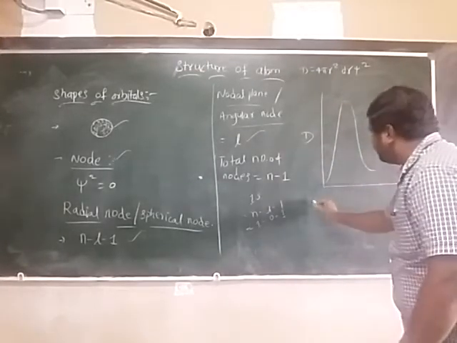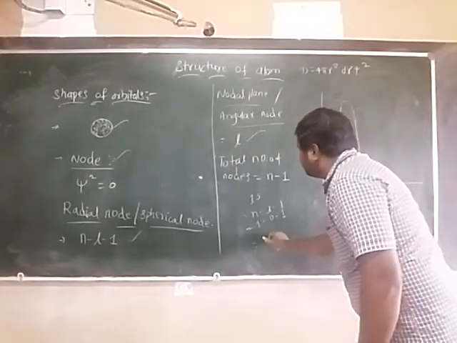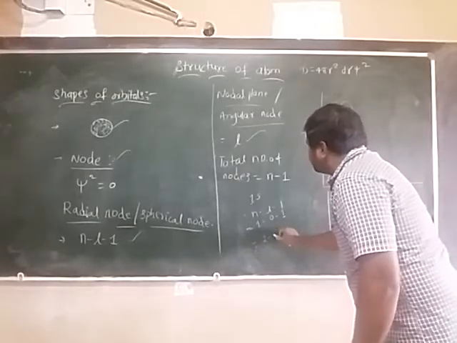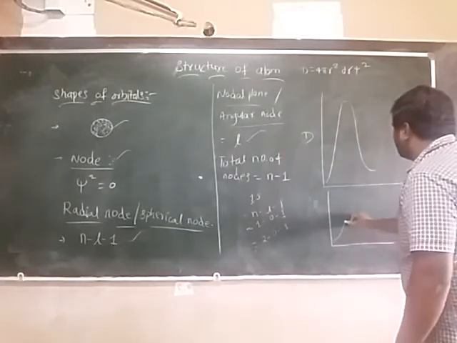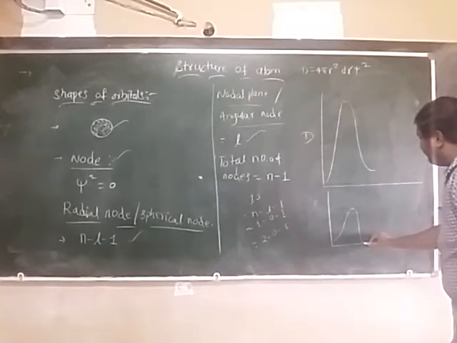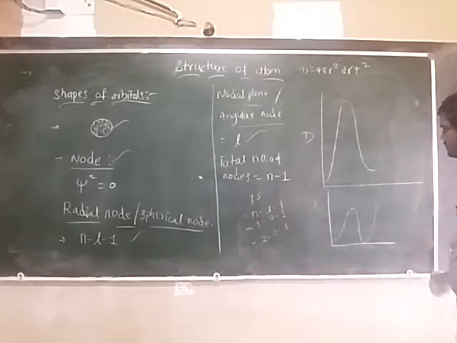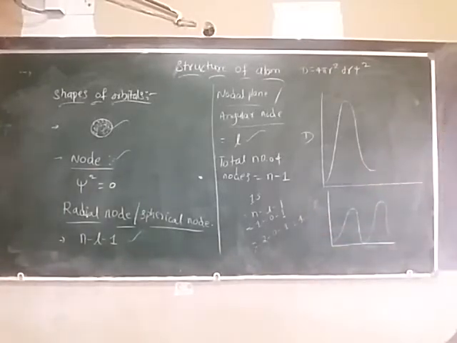For example, take 2s: we have 2 minus 0 minus 1, so the node is 1. A node means the minimum which touches the x-axis. This is the 2s, so there we have 1 node. Like this you can calculate the nodes.